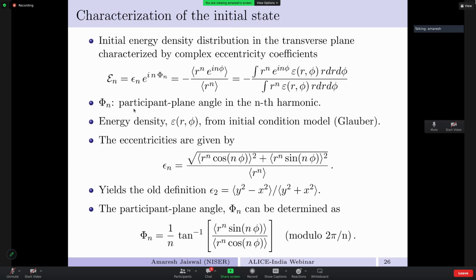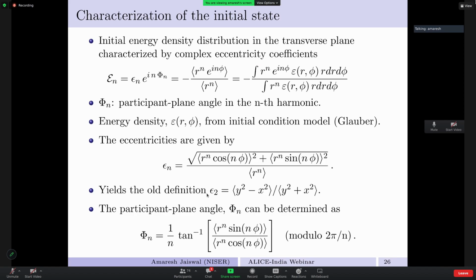and we can of course again invert this and obtain epsilon n and phi n in terms of these expectation values, which are defined here. Remember this minus sign is put to keep epsilon 2 positive. The epsilon 2 which I defined in those pictures was actually negative, but this is a convention.